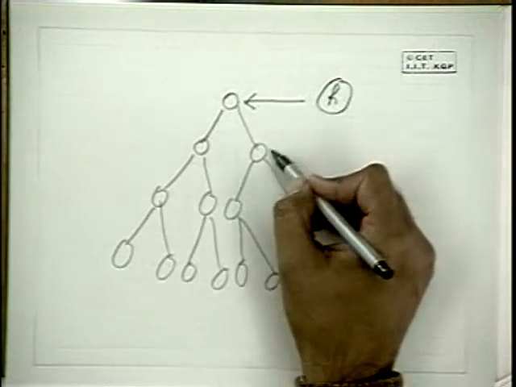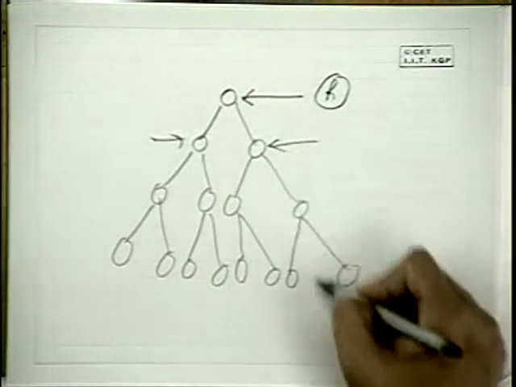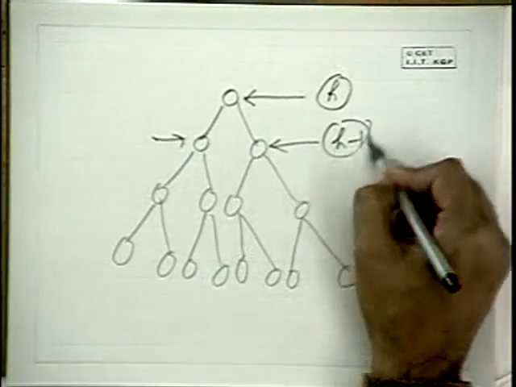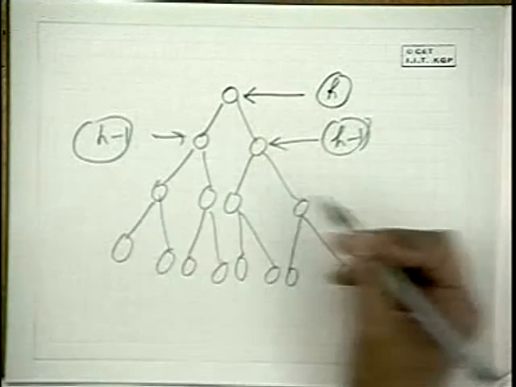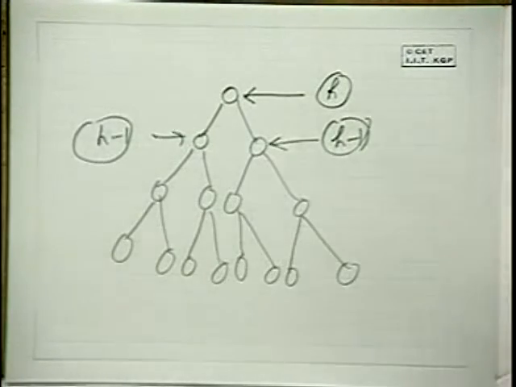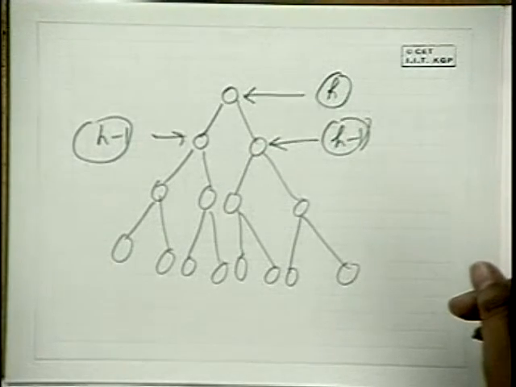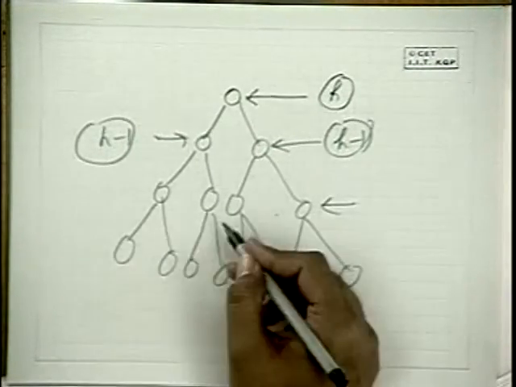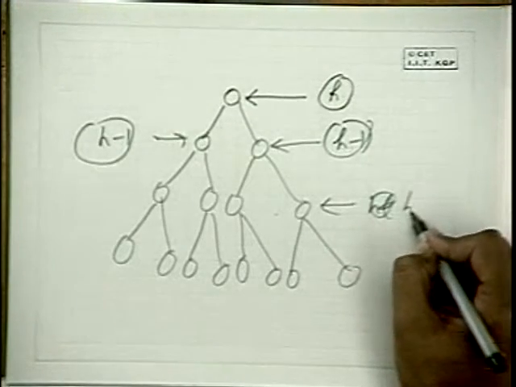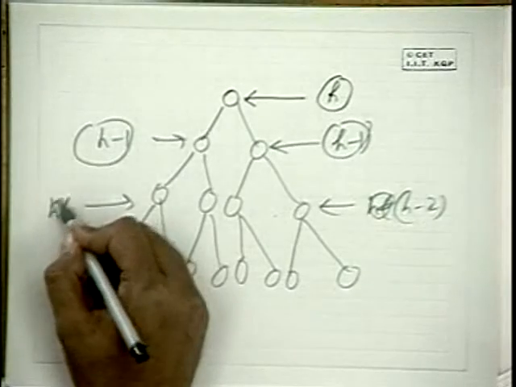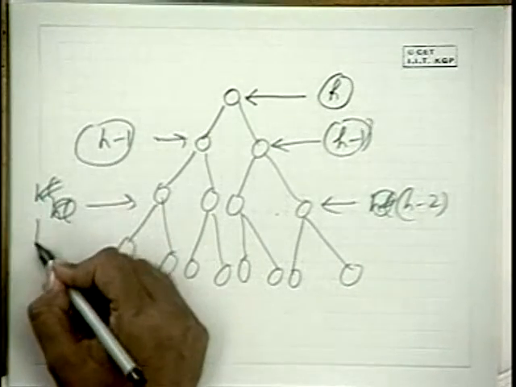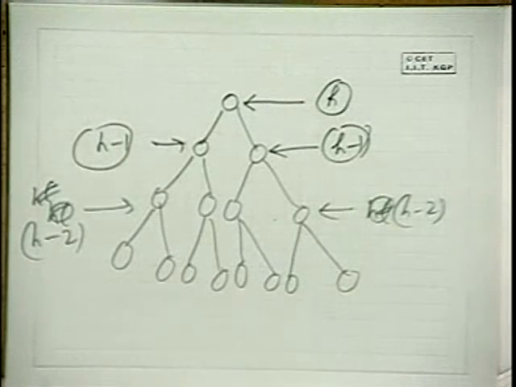When we put these two nodes, the height was h minus 1, so we had two nodes which had to go through h minus 1. At this level there are 4 nodes, each with height h minus 2. So you get the point now. We had 2 to the power i nodes, and they had to go through the height of h minus i.